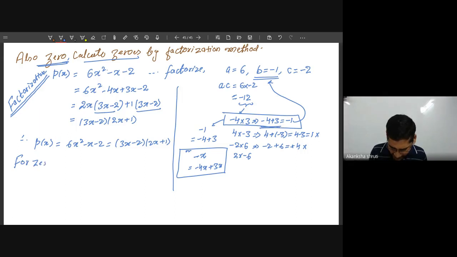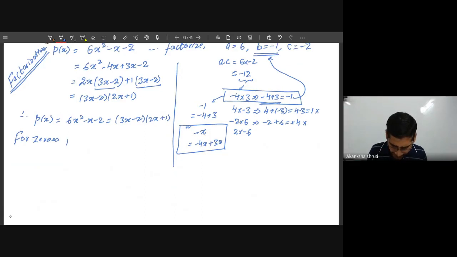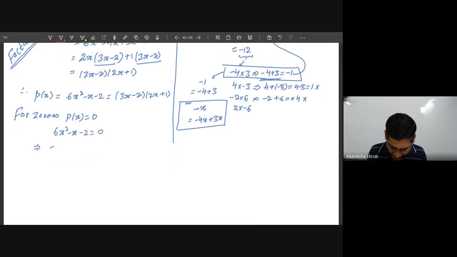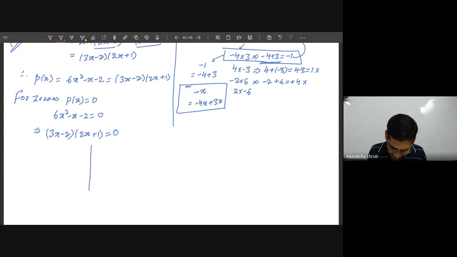For zeros, this polynomial p(x) has to be equated to 0, which means 6x square minus x minus 2 has to be equated to 0. This way, these two brackets, 3x minus 2 and 2x plus 1, have to be equated to 0. It means this gives two things. So you write a dividing line.